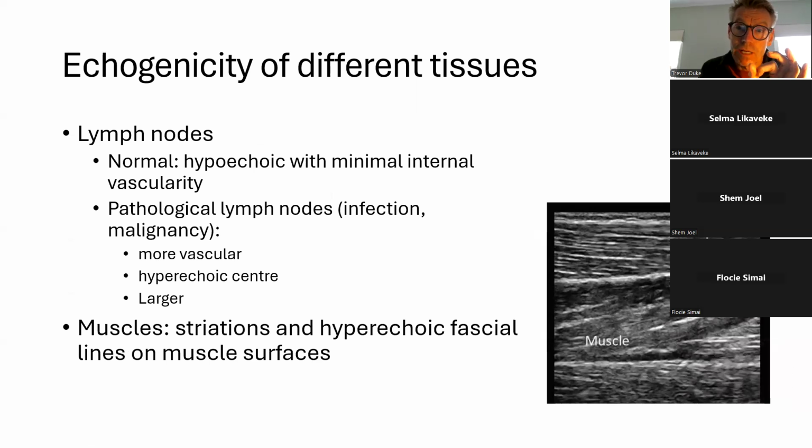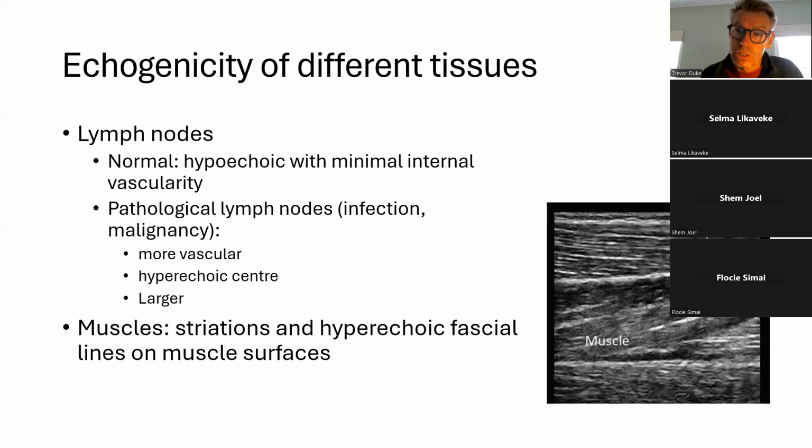Lymph nodes, for example, they're usually hypoechoic. They're usually quite black, and sometimes, because the lymph nodes have some blood vessels inside, when you turn on the color Doppler, you often see a little bit of vascularity within them, and you sometimes have a minimal capsule around them.